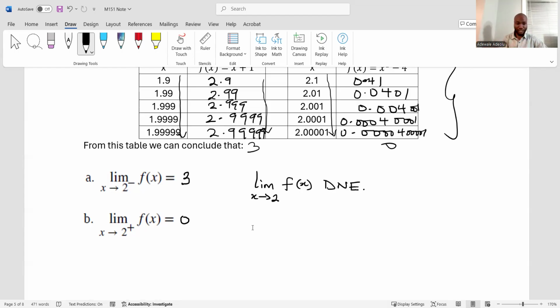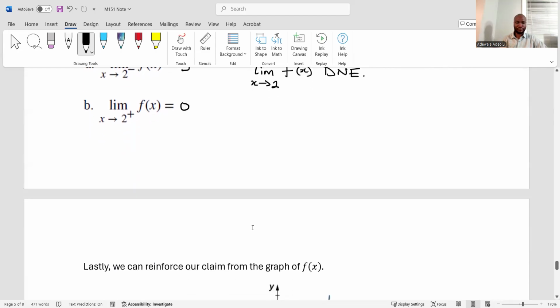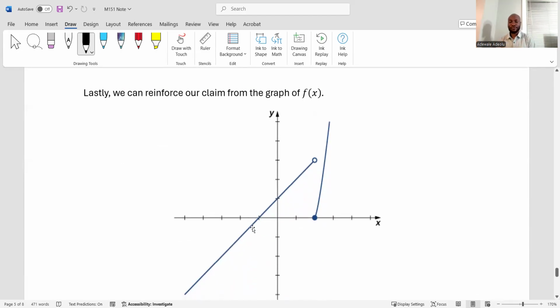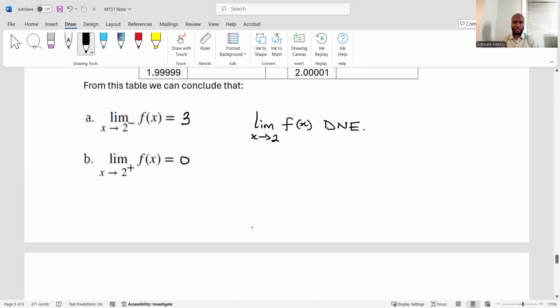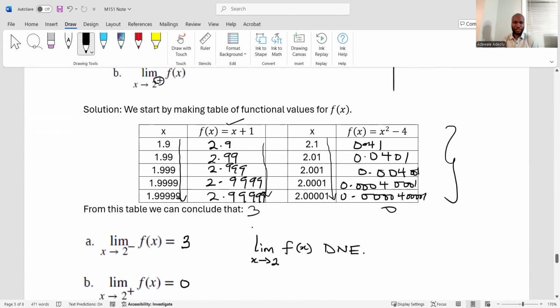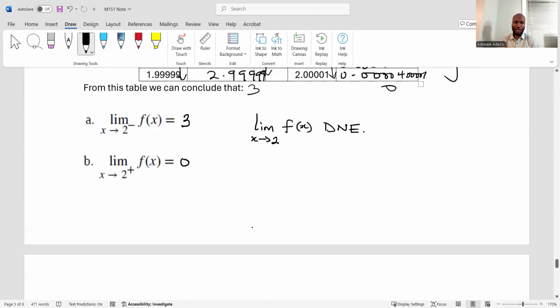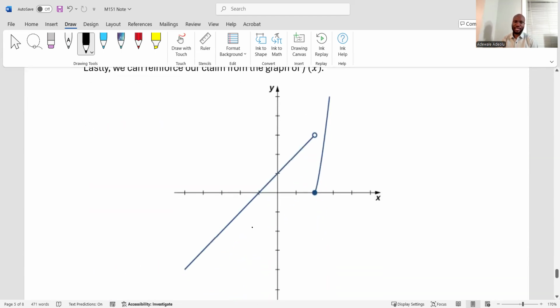Okay. All right. So if you grab that function, the function we just have here, this piecewise function, if you graph it, you have something like this.